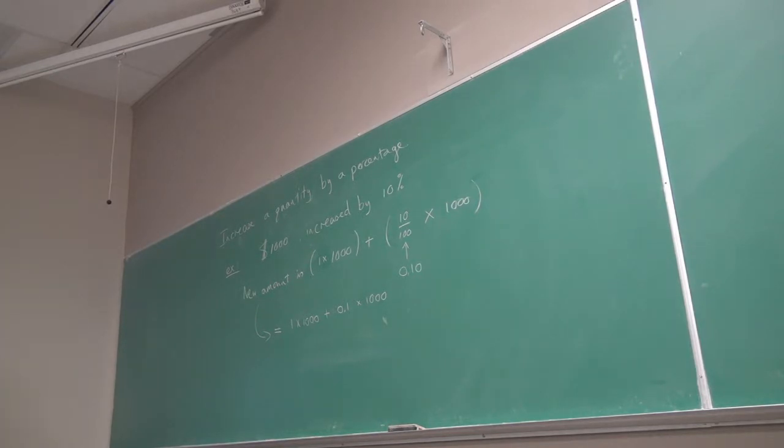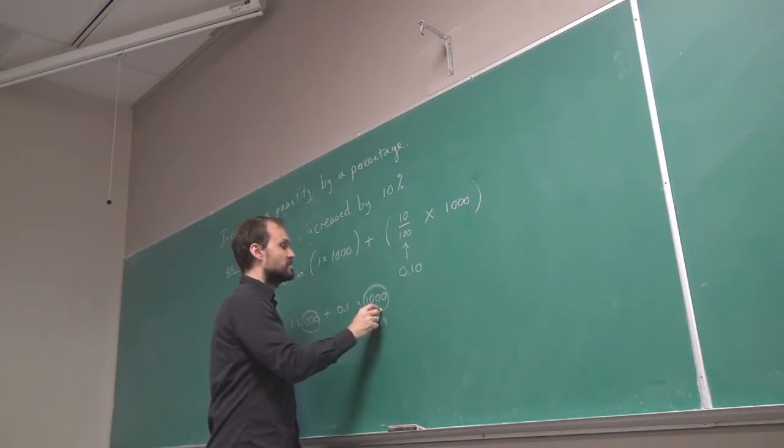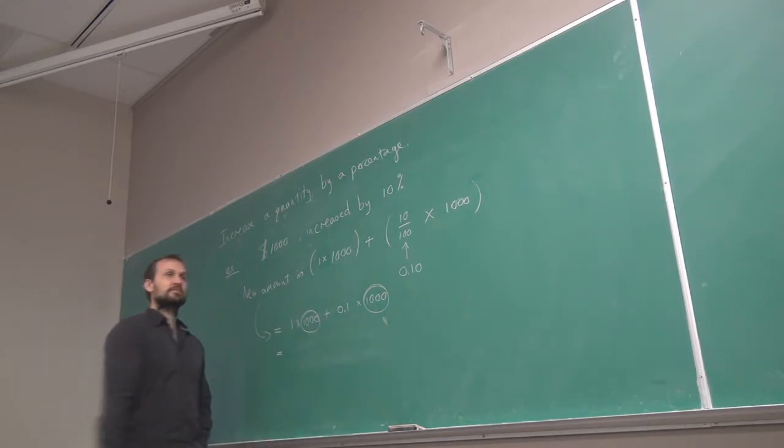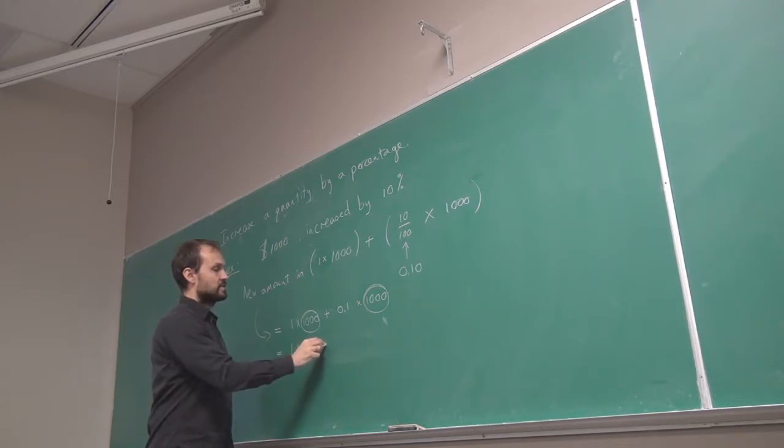So think of it with apples, or think of it in any intuitive way you want. I have 1 1,000 and another 0.1 1,000. How many 1,000s do I have? 1.1 1,000s.